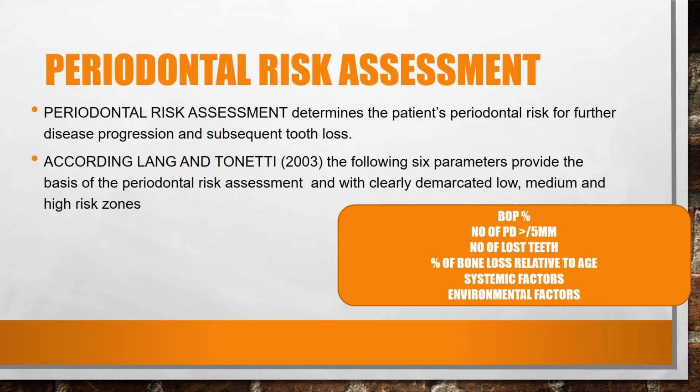Various parameters provide the basis of the periodontal risk assessment with clearly demarcated low, medium and high risk zones. These parameters are the percentage of bleeding on probing, the number of probing depths greater than or equal to 5 mm, number of tooth loss, percentage of bone loss relative to age, systemic factors and environmental factors.